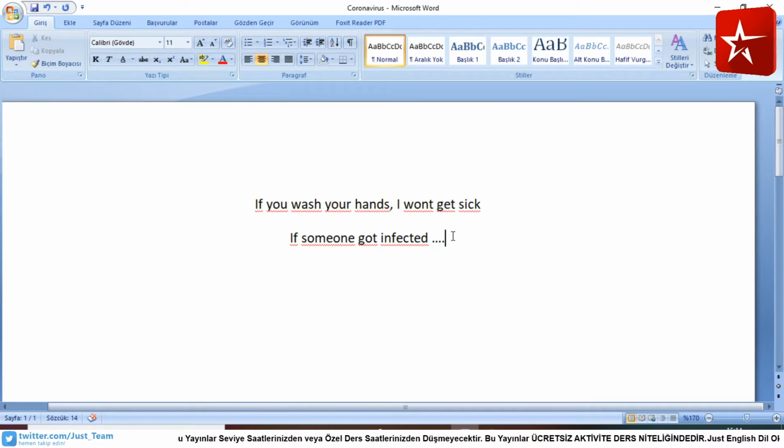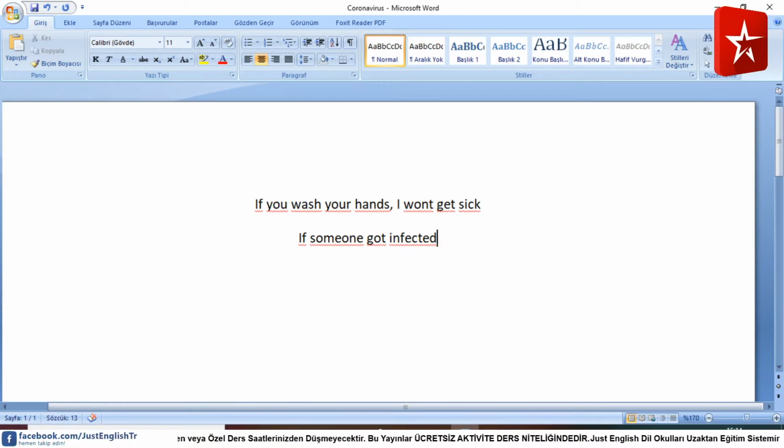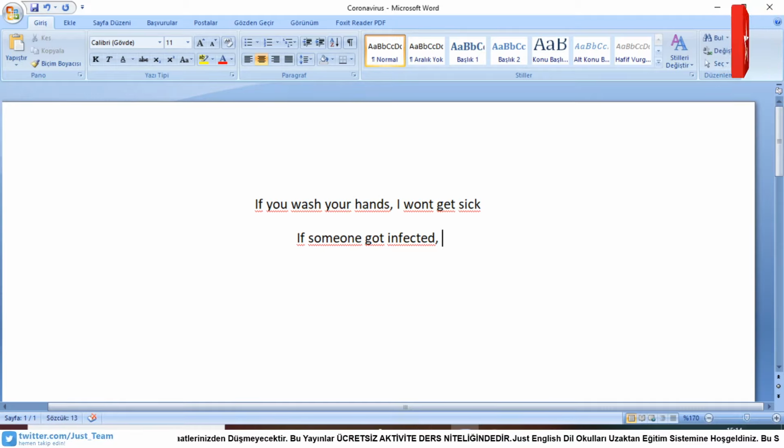And the second one is about if someone got infected. If someone is ill or was ill, actually, you wouldn't get coronavirus. If you wash your hands, you will not get infected. You won't get infected by coronavirus. Okay, Al Pacino, we shouldn't use be. You won't get infected.